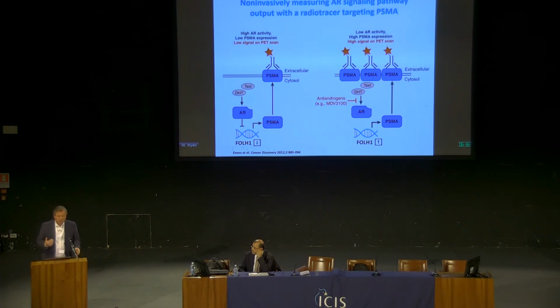There is a word of caution, because 10% of the patients have intrinsically negative PSMA prostate cancer. So these tumor cells never did and never will express PSMA, because it's just not there. That gene is not active. And that means that whatever you do, no matter how aggressive that tumor is, you will not see it at diagnosis, and you will not see it when the patient dedifferentiates and becomes metastatic.